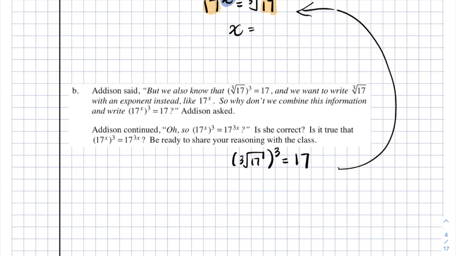If we have the cube root of 17 and we know we have 17 to the x, we are going to make sure that this is cubed, but whatever you do to one side, you have to do to the other side.